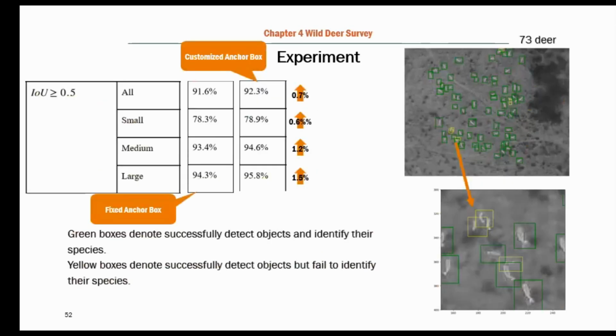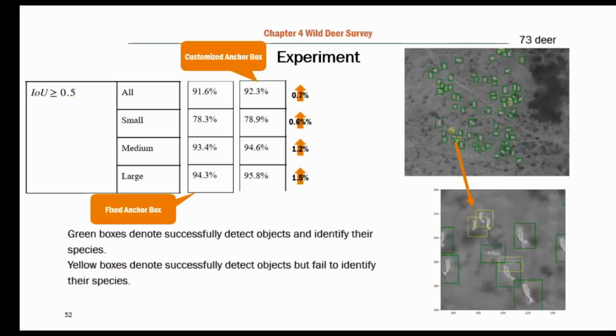In the previous experiments, the object detection model still used the fixed-sized anchor boxes. If the customized anchor boxes are used in the object detection model, the detection accuracy will become better.